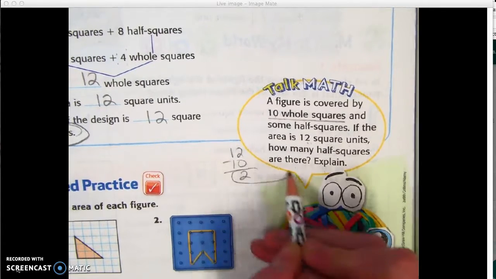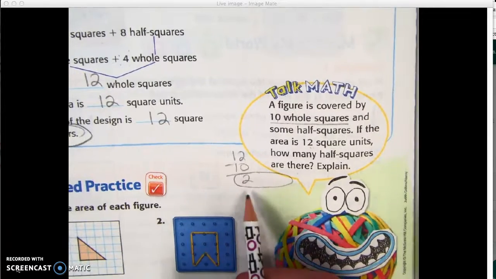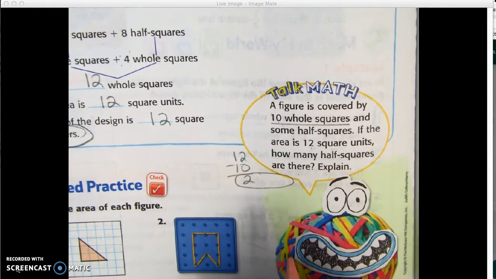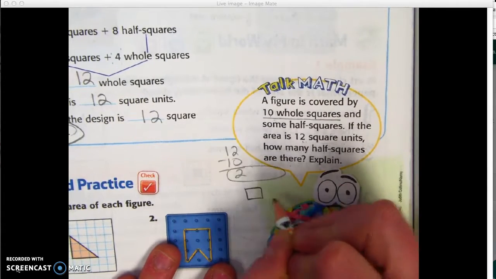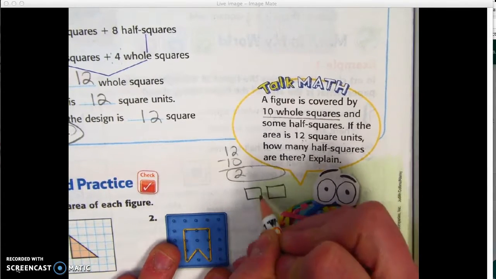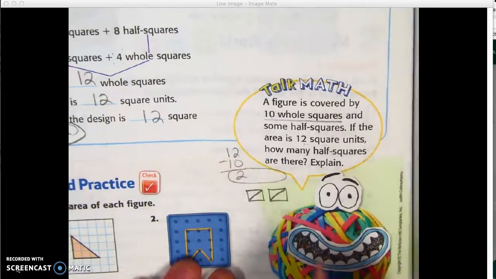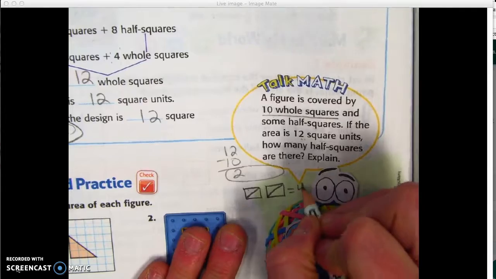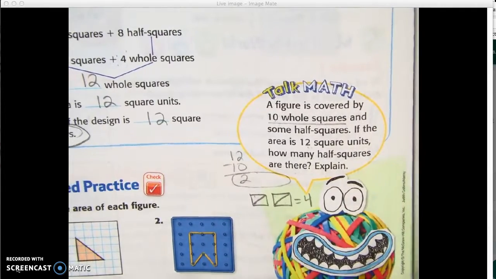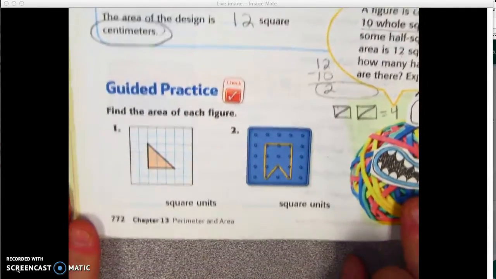So there's 10 squares, so there's 2 whole squares left. But the rest is half squares. So if I have 2 squares and they are halves, how many halves do I have? 1, 2, 3, 4. So that's just to answer this question.